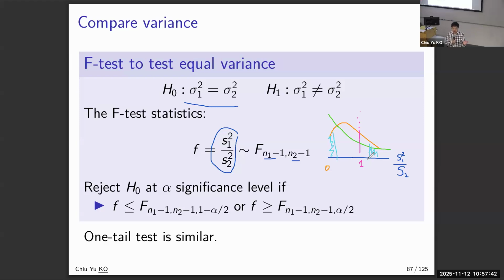In general, the Z or T bell curve is symmetric, so you assign 5% on both sides. How about F? It's not symmetric, so how are you going to do that? We don't differentiate. The classical way is we still make alpha over 2, 2.5%, on both sides. Although it is asymmetric, we keep the same tradition because we don't know in advance which is going to happen. So we will have 5% on both sides.